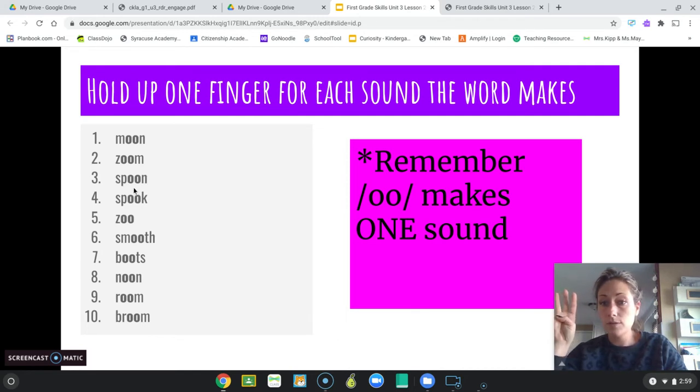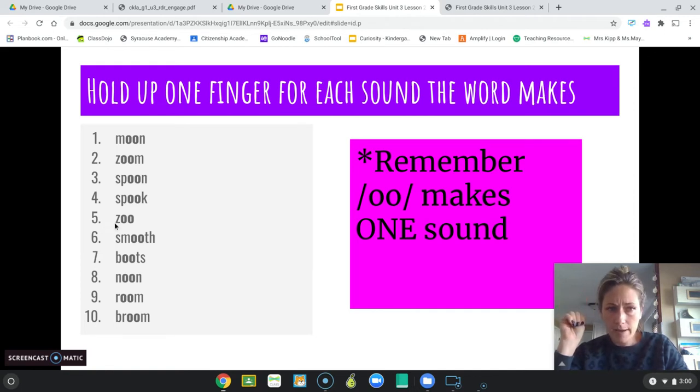That's 4 sounds. S, p, ooh, n. All right, number 4. Spook. Let's see. S, p, ooh, k. Spook. That has 4 sounds.